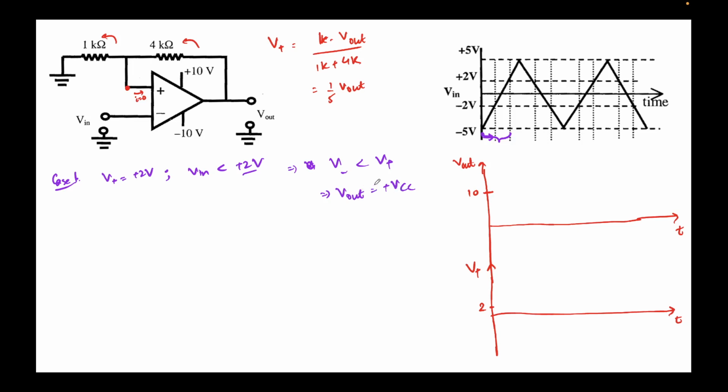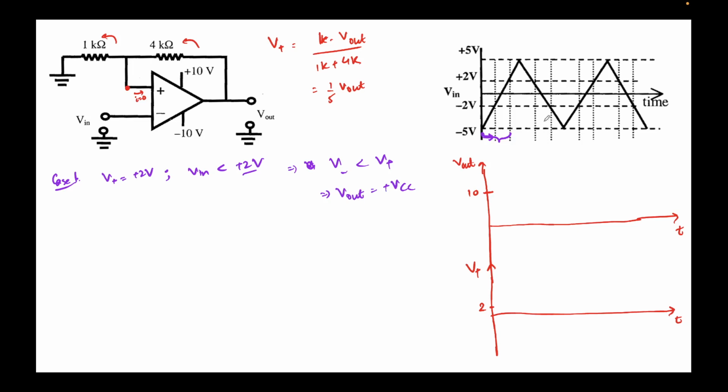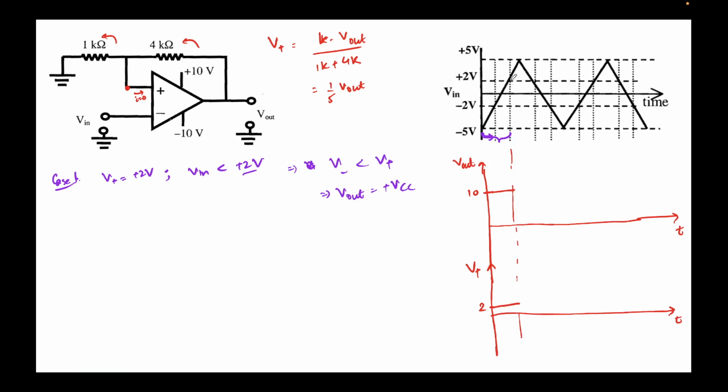So V out will remain as plus VCC over this purple time scale. I'm drawing this here. V out will remain plus VCC, and correspondingly V plus will also remain as plus VCC till this time. Now we have reached over here.